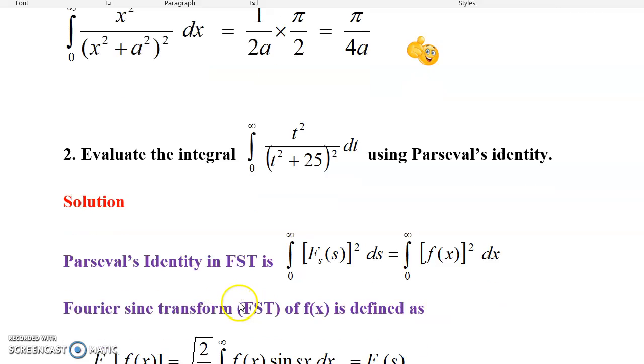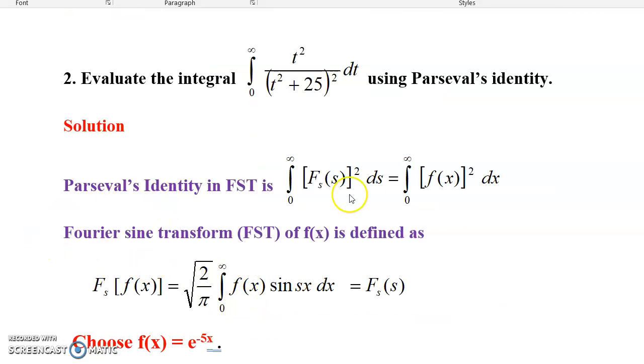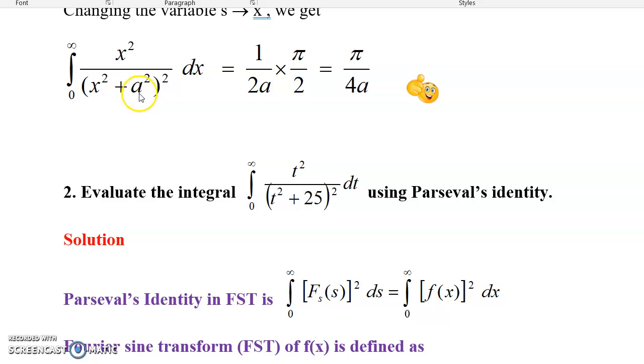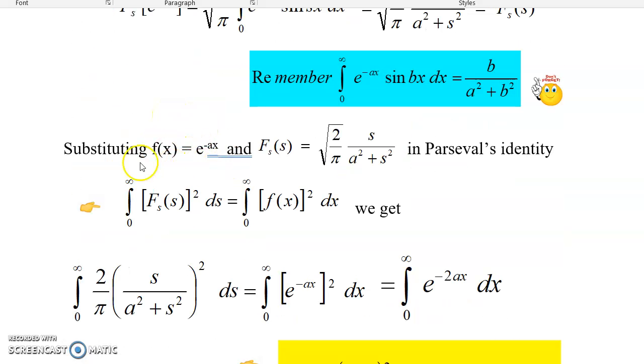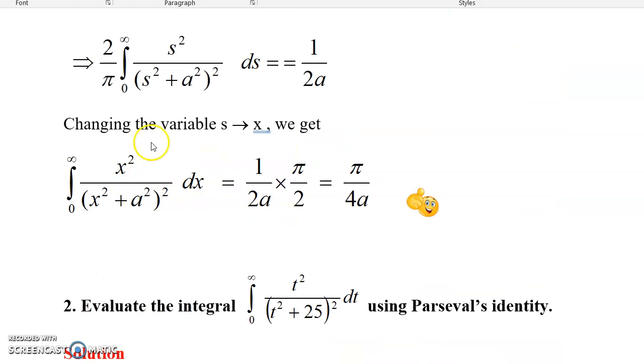So let us write the Parseval's identity of Fourier sine transform. So this is the Parseval's identity, and particularly the function f of x which we have to select is going to be, look at this term, accordingly we have to select. For this term we selected the function as e power minus ax. Here we selected the function e power minus ax in order to get this integration.